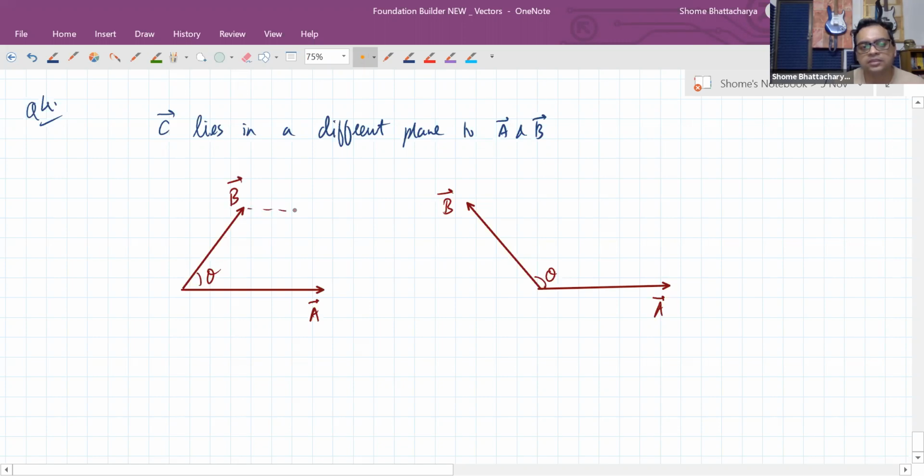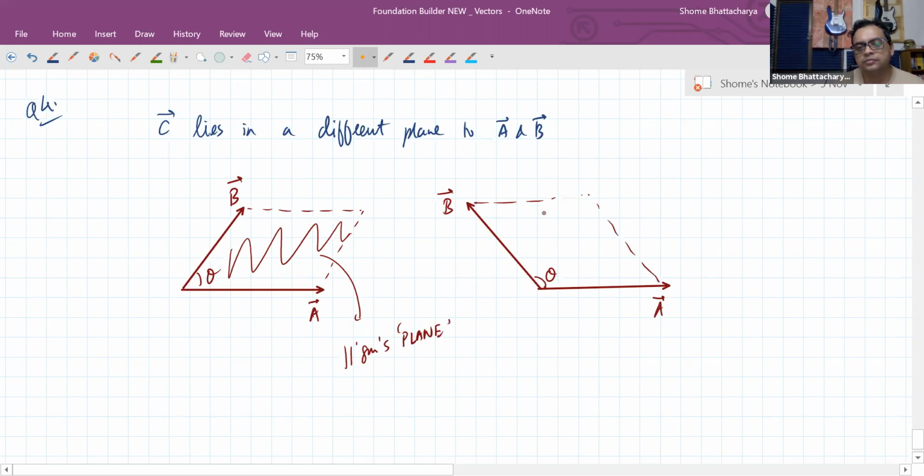If I construct a parallelogram, then that parallelogram's plane, whichever of the two cases it is, is the plane of A and B. Okay.